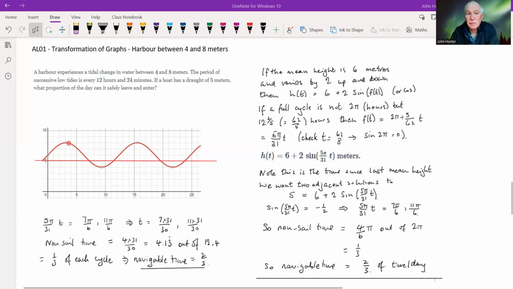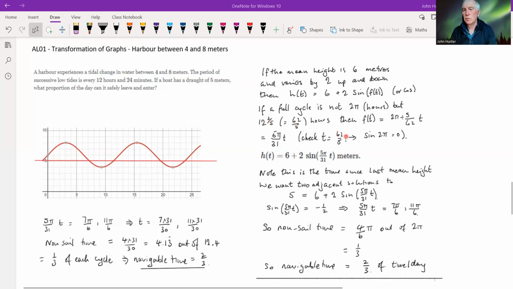That is obviously the same period as successive high tides, and so on. So the cycle time then is not 2 pi. We want to change it from 2 pi into 12 2/5, which is 62/5 hours.